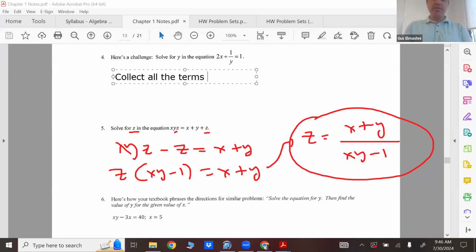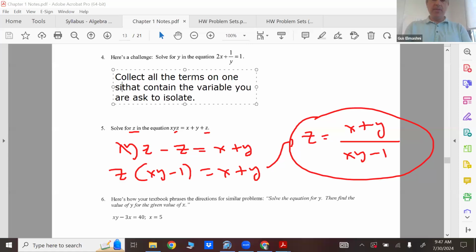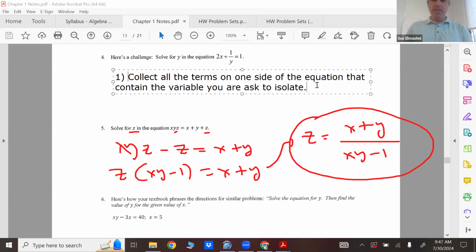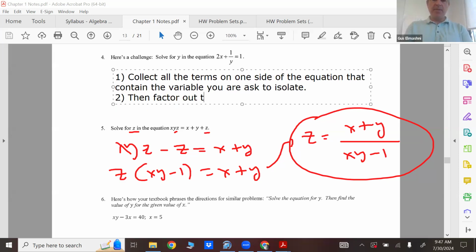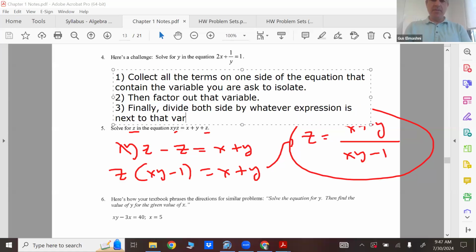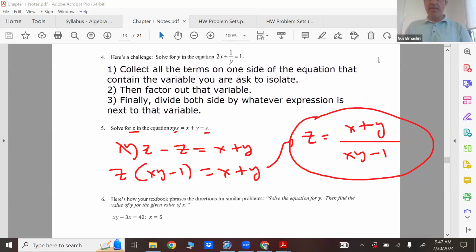Collect all the terms that contain the variable you are asked to isolate on one side of the equation. Factor out the variable. Finally, divide both sides by whatever expression is next to it. That's precisely what we did.